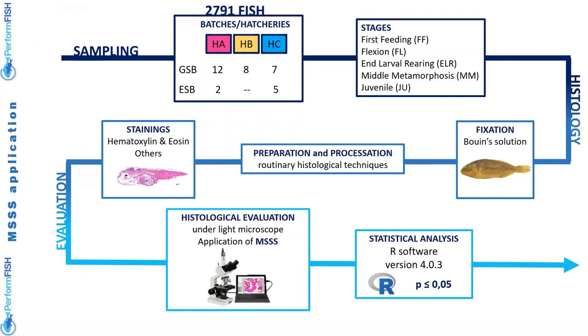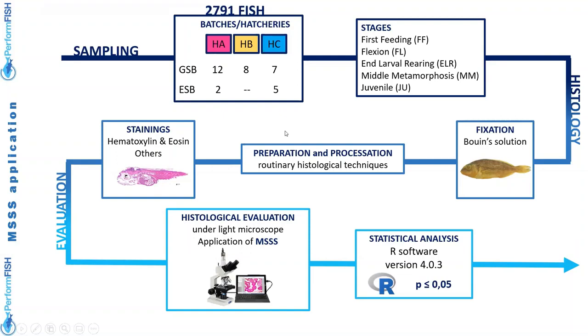A number of batches of larval and juvenile gilthead sea bream and European sea bass coming from 3 different European hatcheries have been sampled, of course, and delivered to our lab.